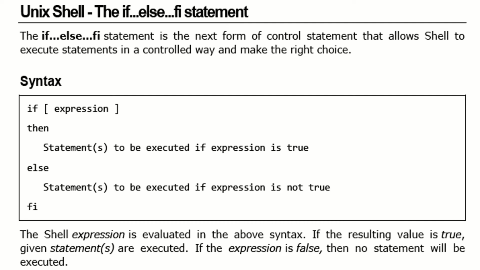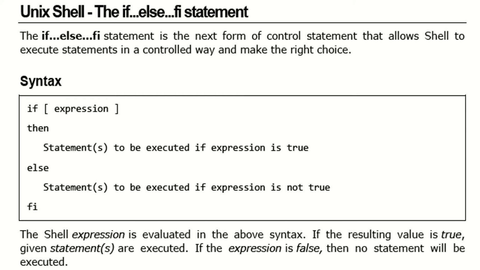The shell expression is evaluated in the above syntax. If the result is true, the given statements are executed. If the expression is false, then no statement from the first part will be executed, and the else part is executed. Here is one example. If age is greater than 18, he or she is eligible for vote, else he or she is not eligible for vote.